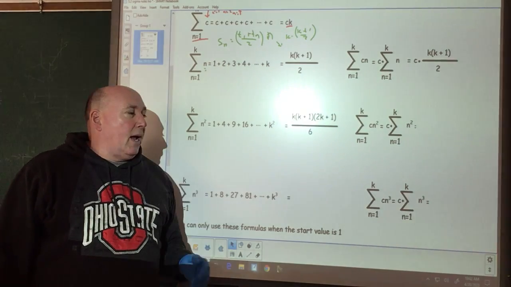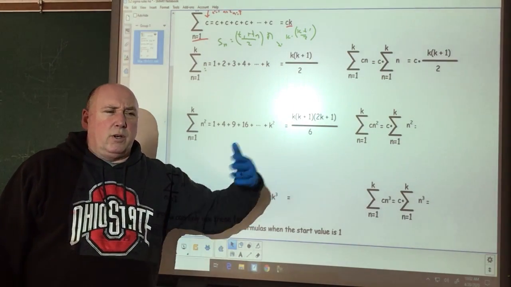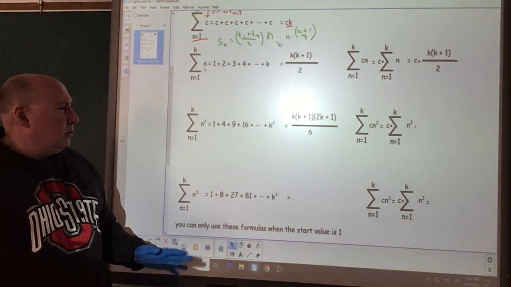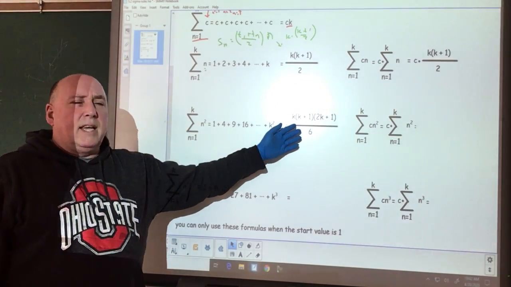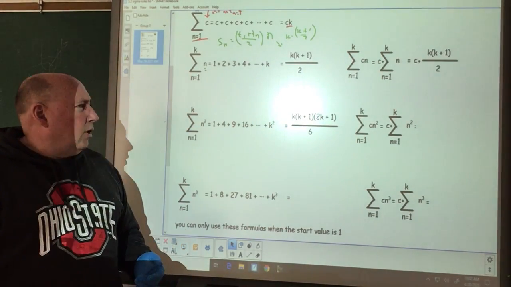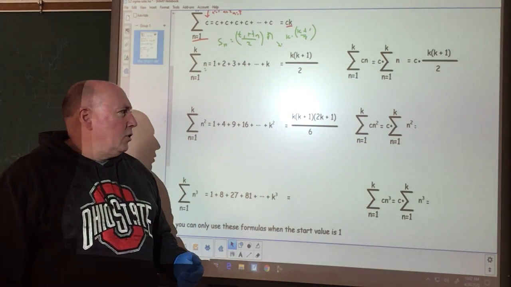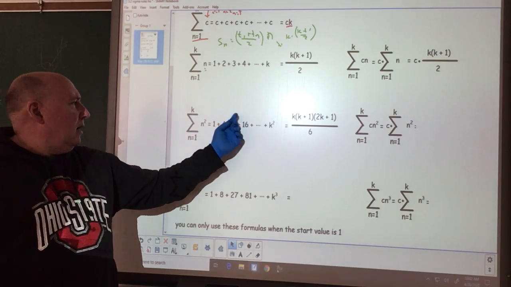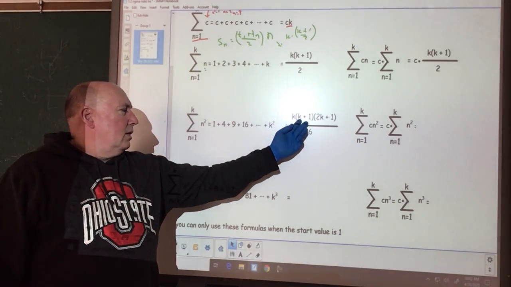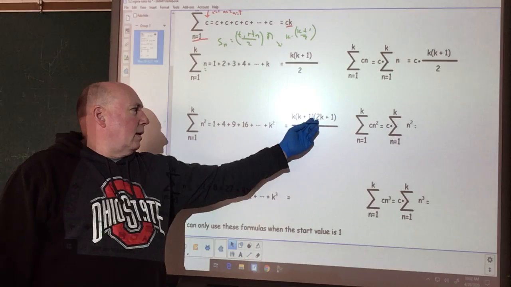I don't remember the formula for square terms in the sigma, so I have to look it up. So you can also look it up, or have it there on a piece of paper and refer back to it.